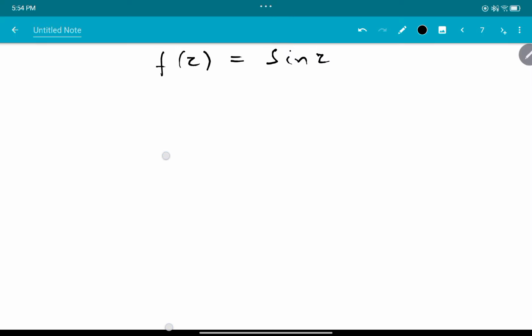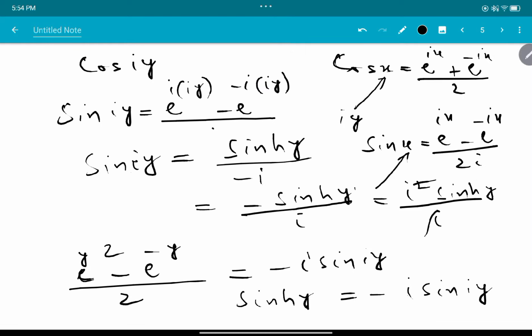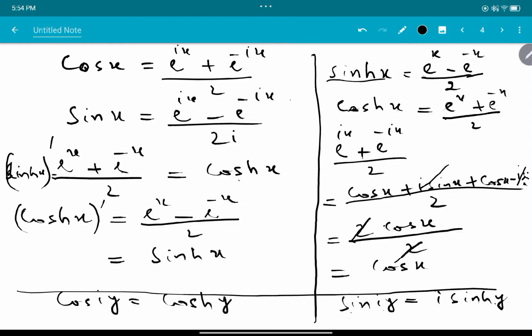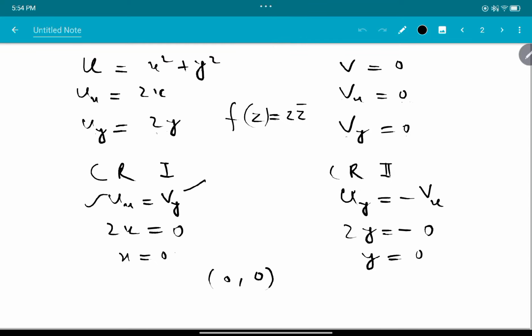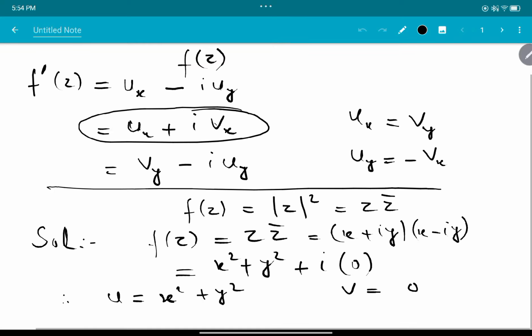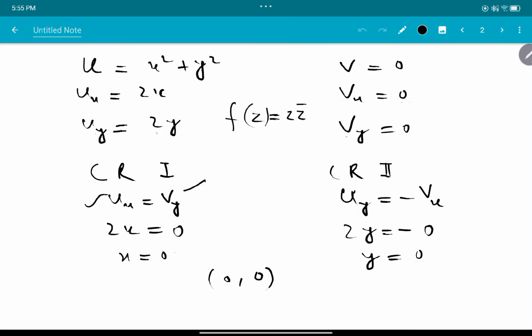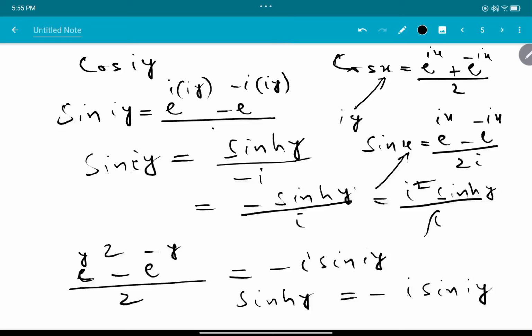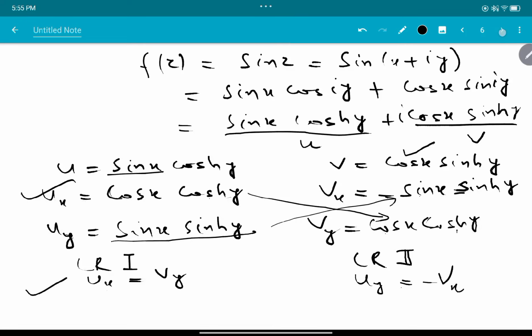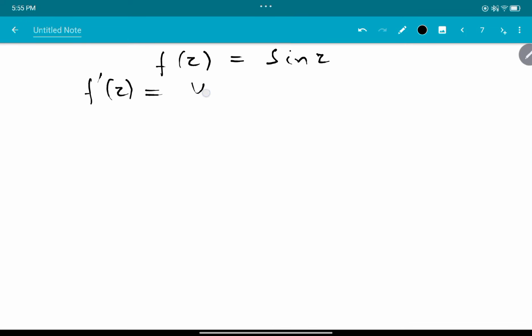We have already seen it in our last topic. At the end of that topic, we found it equal to ux plus ivx, on our first page. Let me go back to that page.